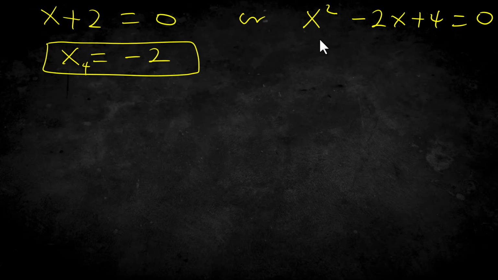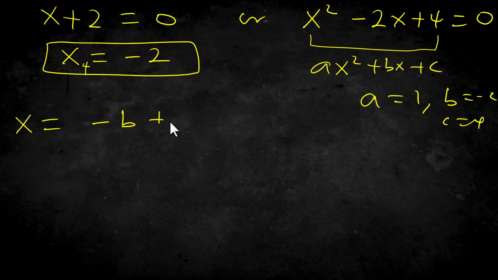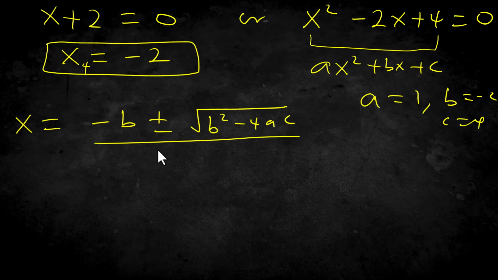So let's compare: ax squared plus bx plus c. a is 1, b is minus 2, c is 4. So x will be minus b plus or minus the square root of b squared minus 4ac on 2a.